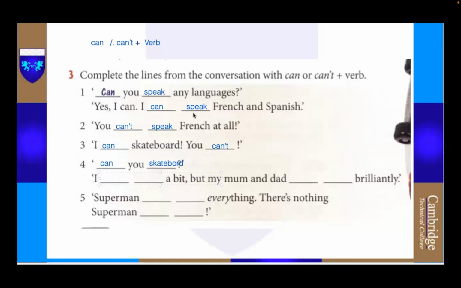Yes. Skateboard. So what's the answer for number 4, the second part? This one. A bit. So the answer for this one, can you skateboard? The answer is a bit.